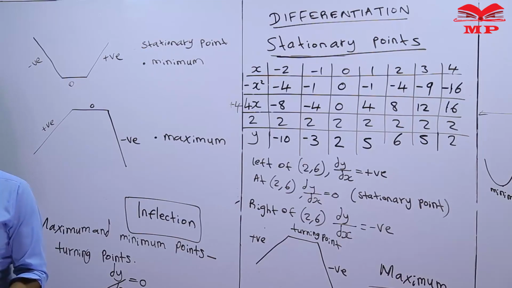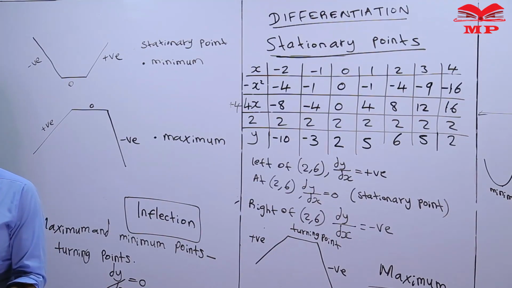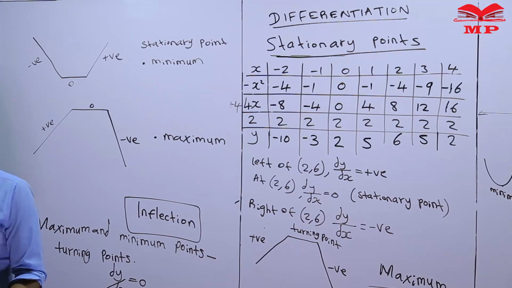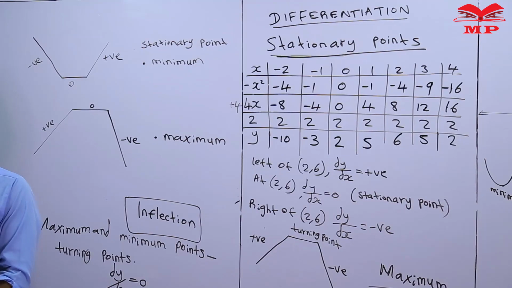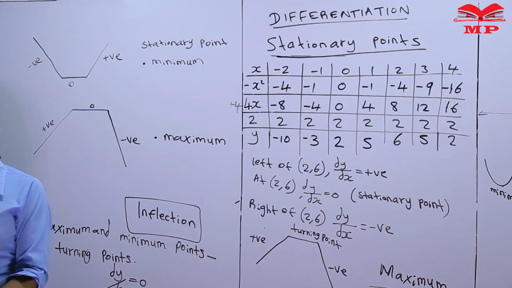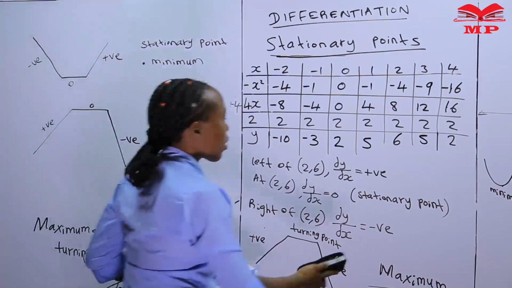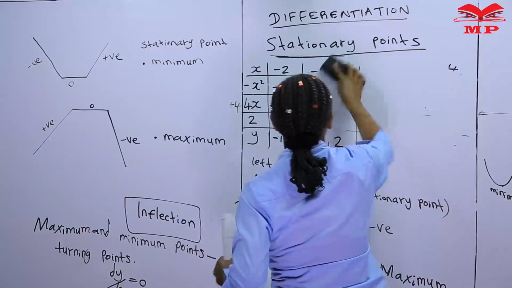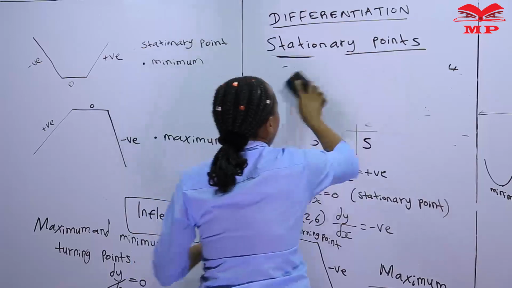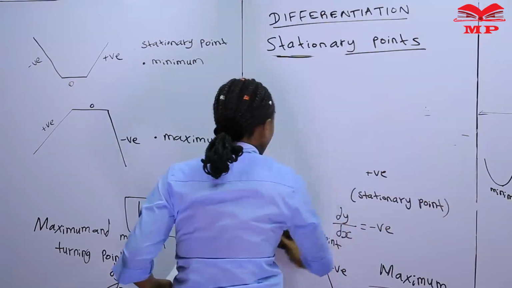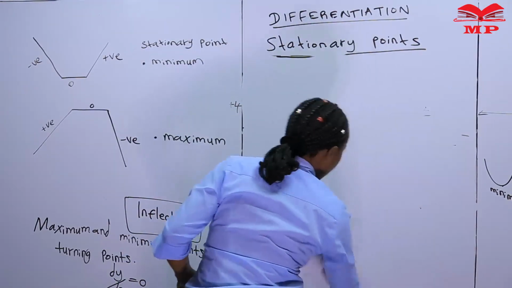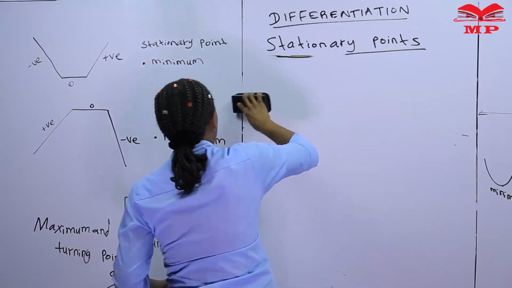So I'd like you to identify the stationary point given the following. Identify the stationary point. You state whether it is a maximum or a minimum for the following. So I'd like you to do this so that we can also look at another point that we call the point of inflection.